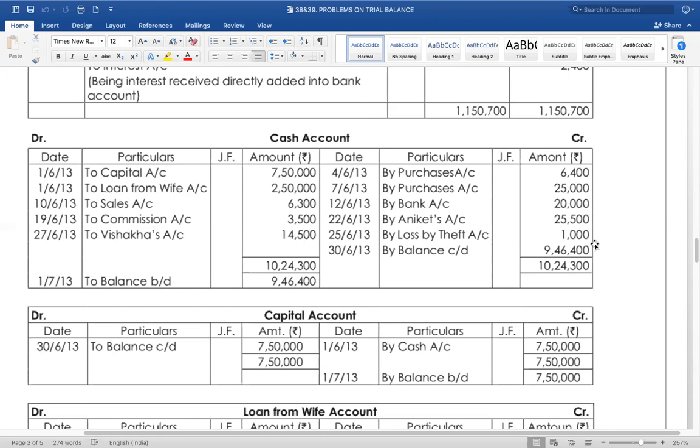Which balance does it show? It is a debit balance. Cash account always shows debit balance.